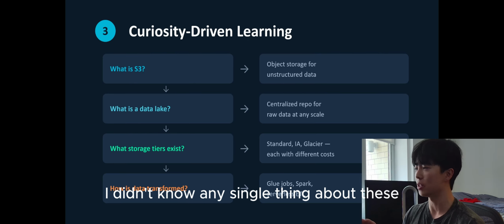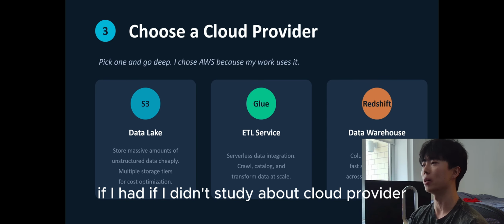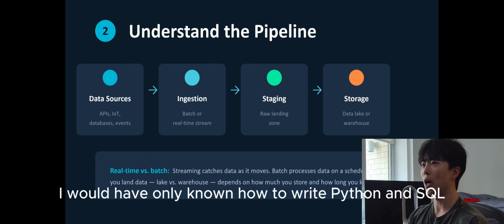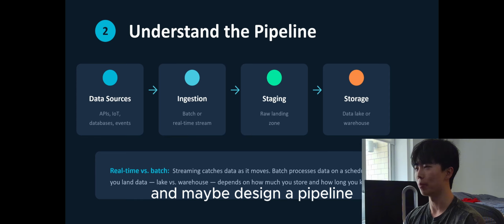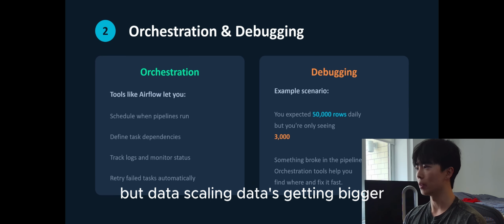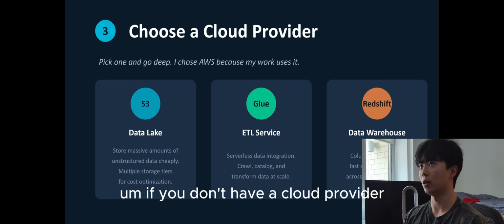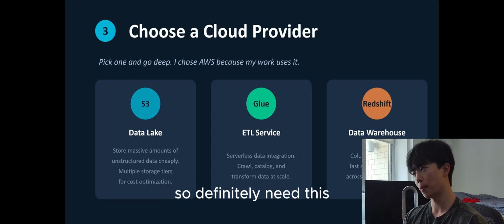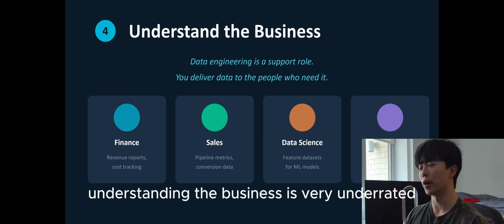I wouldn't have known any single thing about these if I hadn't studied a cloud provider. I would have only known how to write Python and SQL and maybe design a pipeline, but data is scaling, data is getting bigger, and it's more expensive now if you don't have a cloud provider. So definitely need this.